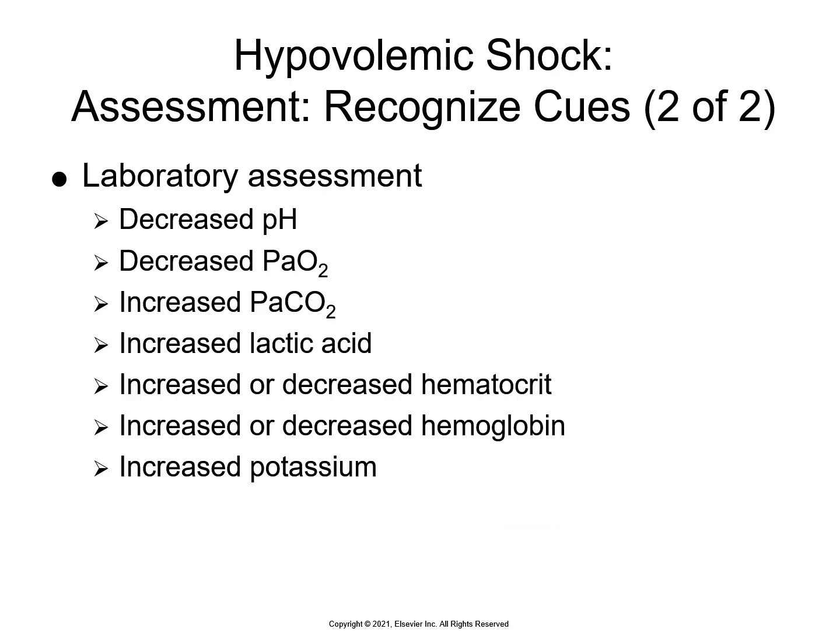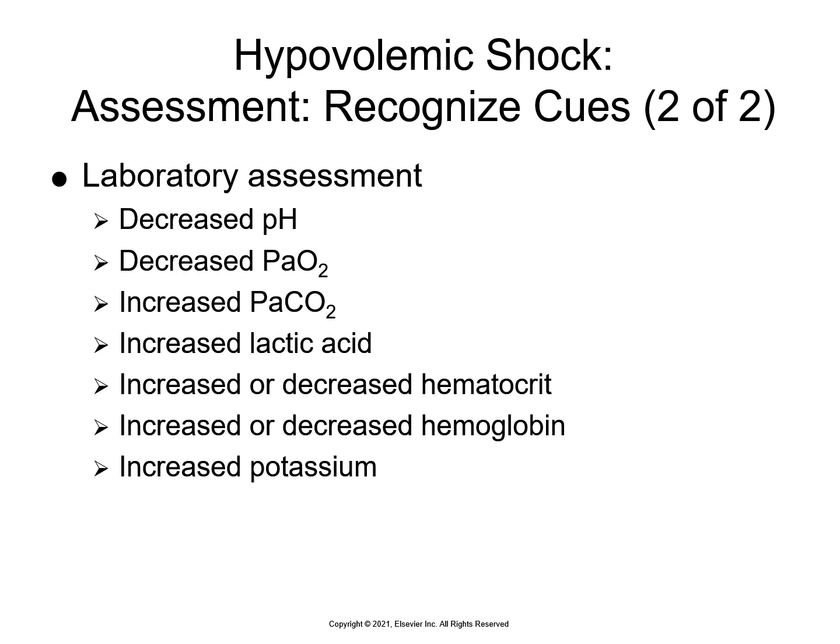So in hypovolemic shock, we're going to also do some labs because we want to know what's going on with the body. If they're getting acidic because of oxygen loss or failure of perfusion to the organs, they may develop acidosis.